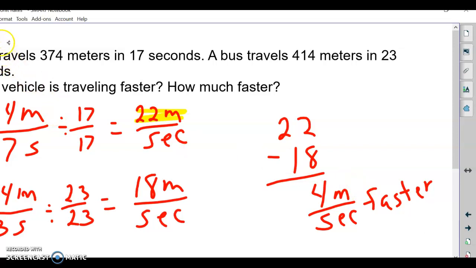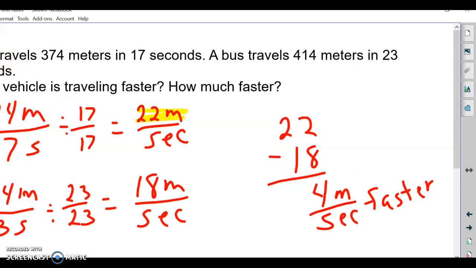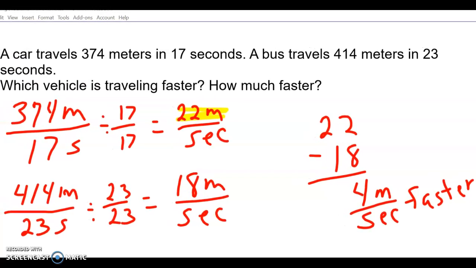All right. Let me fix my screen here. There we go. Okay, so here's our solution. The car, we divided 374 by 17, and that came out to 22 meters per second, right?